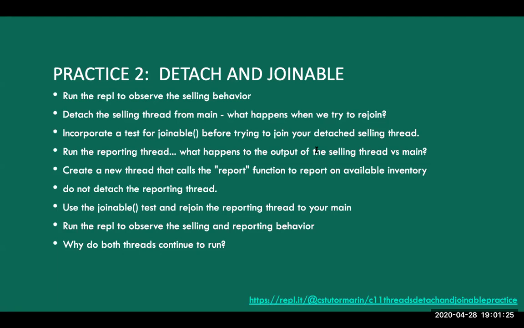So I can point out that the sell worker function and the report worker function are complete. You need to do nothing with them, but you might want to look at them and see what they're doing. It should be a very familiar model to you. Sell is just going to have an infinite loop. It's going to grab the mutex. The mutex is related to the inventory. In this case, our mutex is global, so we didn't pass it into the sell function.